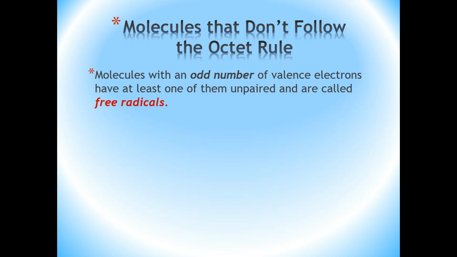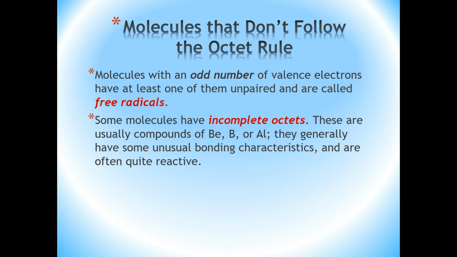So therefore, basically one of them will be definitely unpaired. And these structures we call free radicals, all right? One typical behavior of free radicals is that they tend to be very reactive because they need another electron to pair up with the unpaired electron. So they tend to engage in reactions where that is happening.